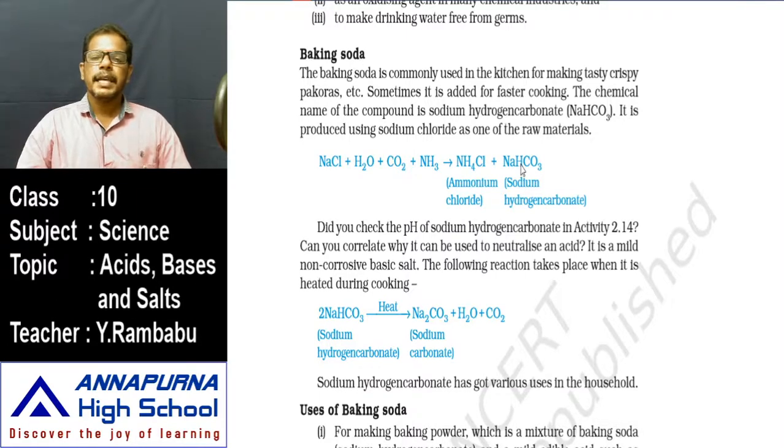For example, if someone in your family is suffering from acidity, that is due to indigestion or overheating. Then what is the best remedy? This sodium hydrogen carbonate is found in our homes also. A small amount of sodium hydrogen carbonate is taken, added to water and given to that person.